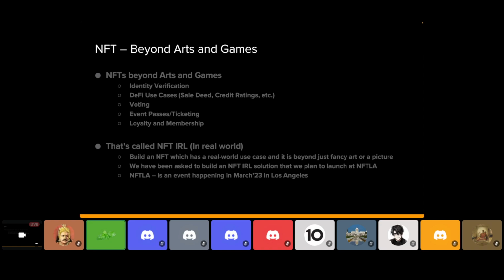The other major use case being discussed for the last couple of months is the loyalty and membership program. I think a lot of guys would have used this in a Web2 world, wherein you get some rewards by using the service or by attending something.